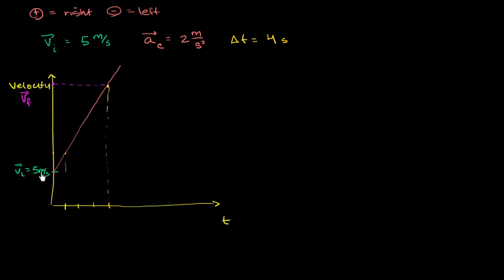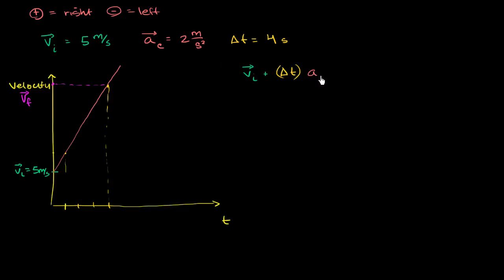And what would it be? Well, I'm starting at 5 meters per second. I'm going to do it both using the variables and using the concrete numbers. So I'm starting at some initial velocity. The subscript i stands for initial. And then each second that goes by, I'm getting this much faster. So if I want to see how much faster I've gone, I multiply the number of seconds that go by times my acceleration.